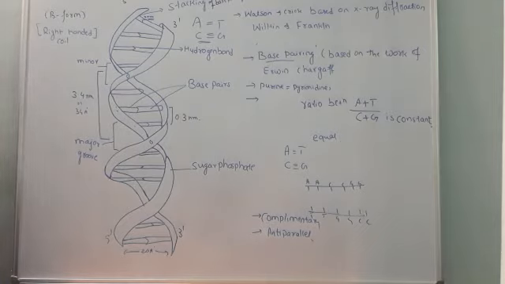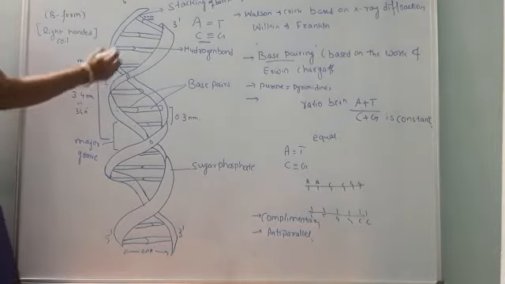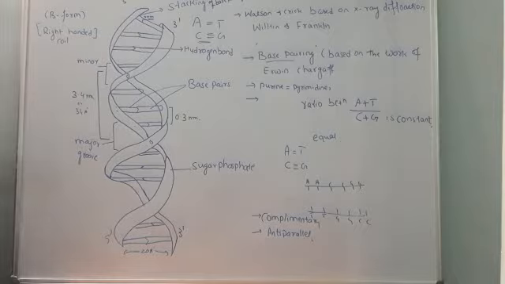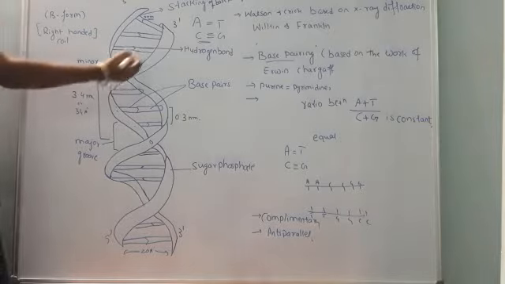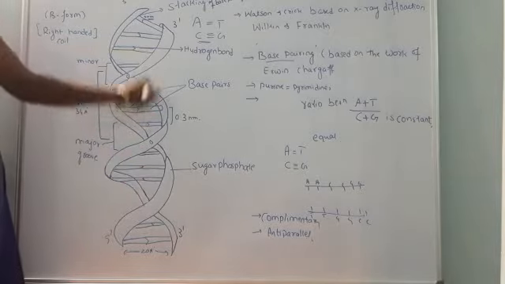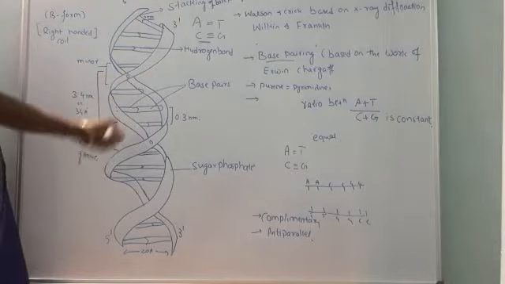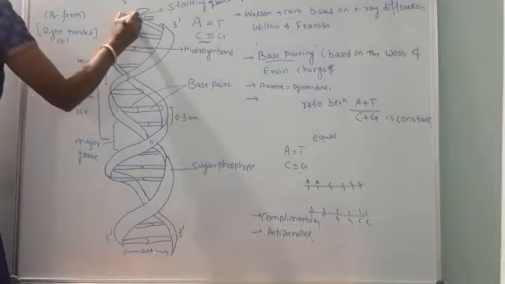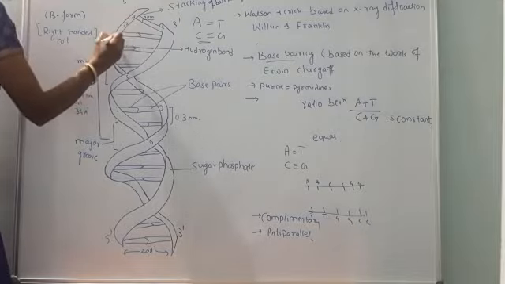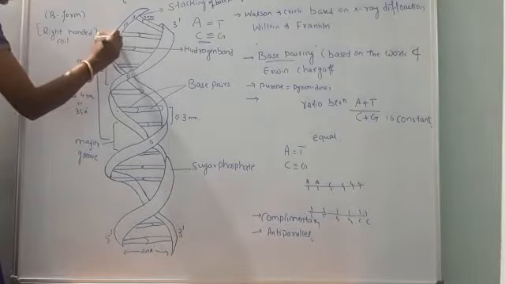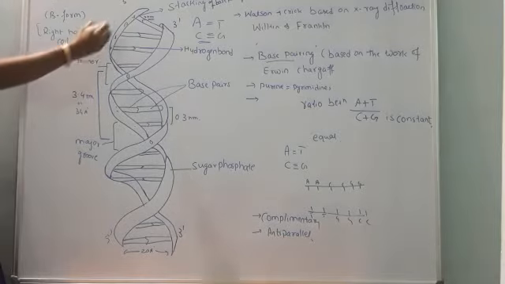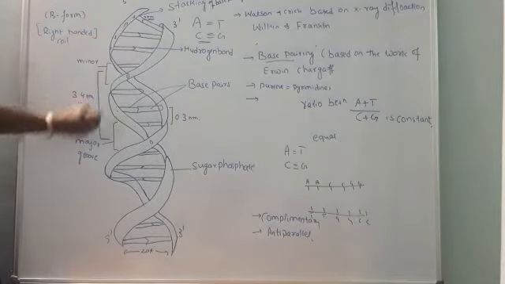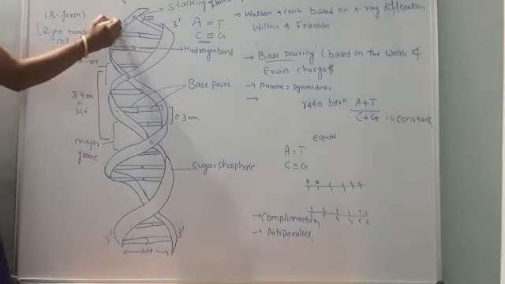In addition to that, since we know that DNA is a double helical structure made up of polynucleotide chains, a number of deoxyribonucleotides, the main backbone of the DNA is made up of sugar and phosphate. So thus sugar and phosphate form the backbone of the DNA.